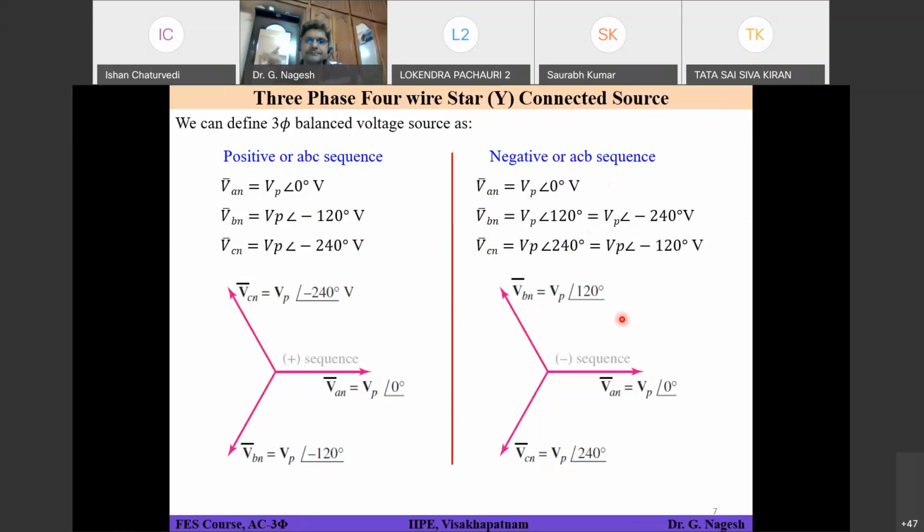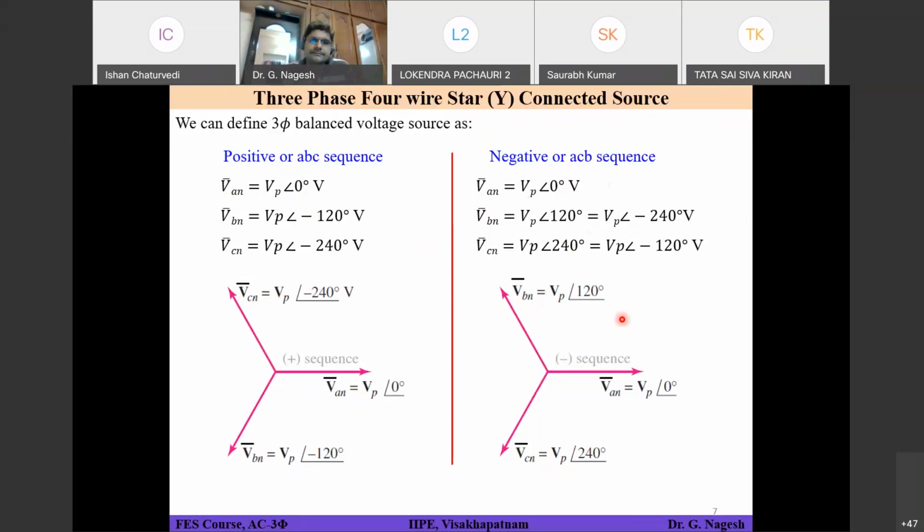One is called positive sequence, another is negative sequence, and generally positive sequence is the one usually followed in any system. Is it clear? Only the phase angle is different.